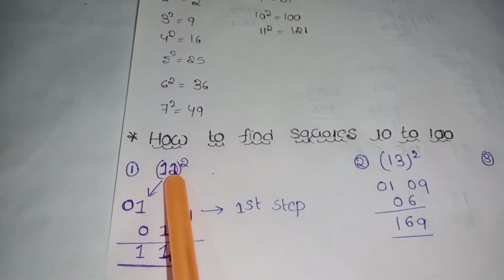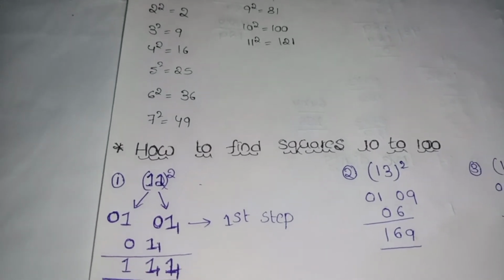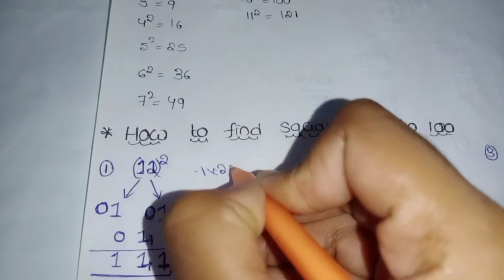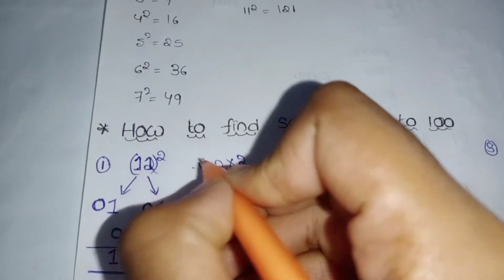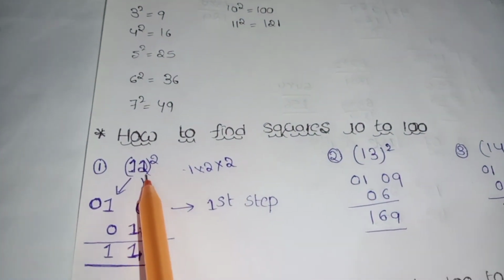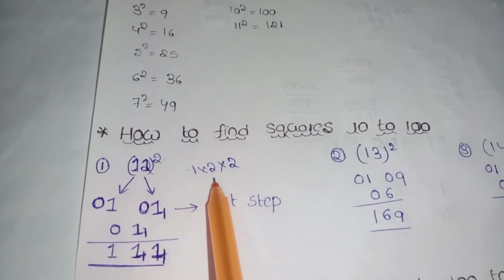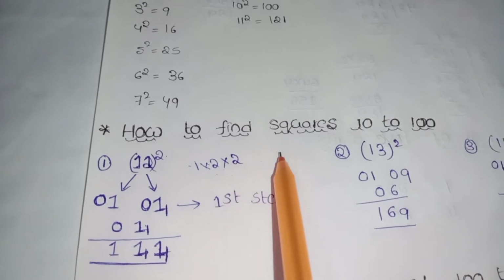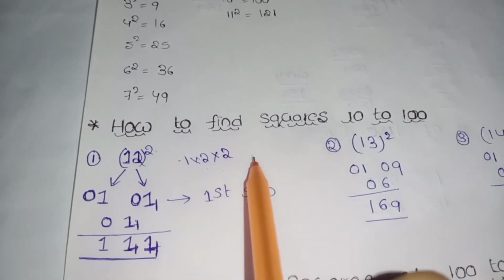1 into 2, and you have to multiply with 2 again. Right? 1 into 2 into 2. How much? 4. 4 is a single digit. I want double digit. What is the double digit? 0, 4.